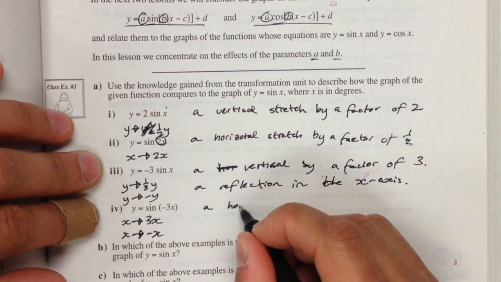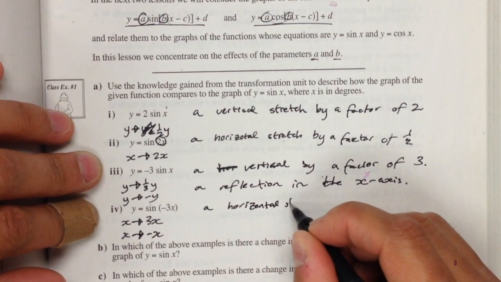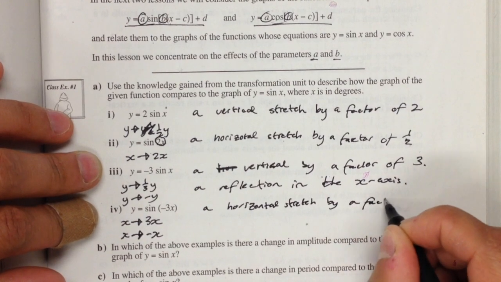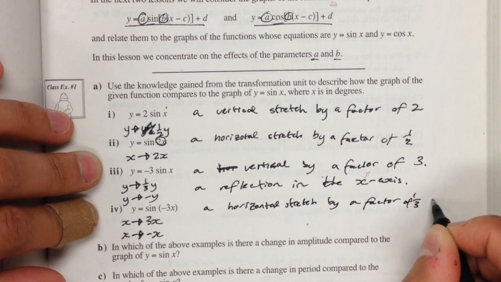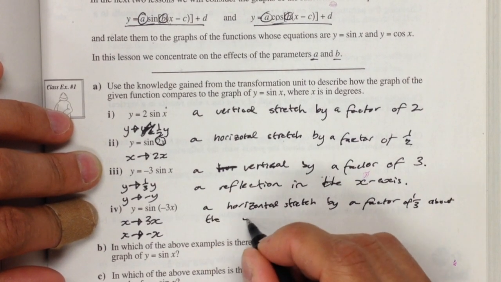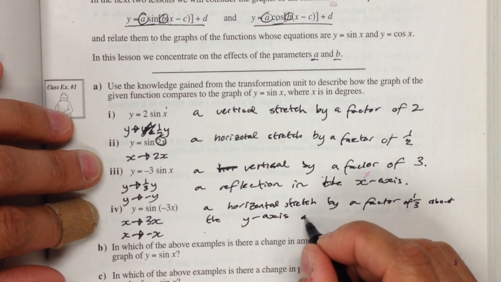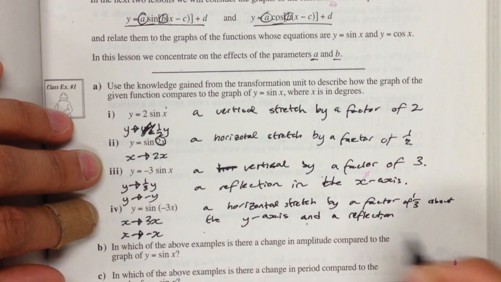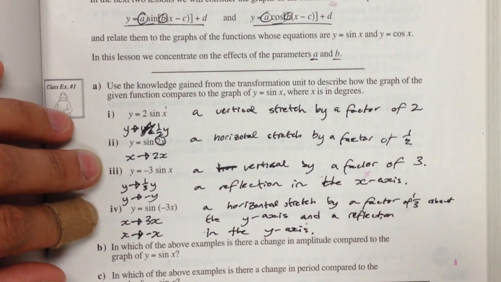So I have a horizontal stretch by a factor of 1/3, and I also have a reflection in the y-axis.